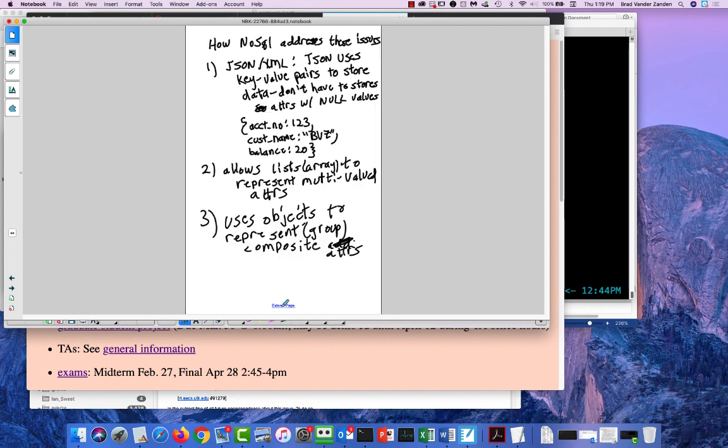Okay, it also uses objects. You can store lists of objects, which means you can store lists of weak entities associated with you.